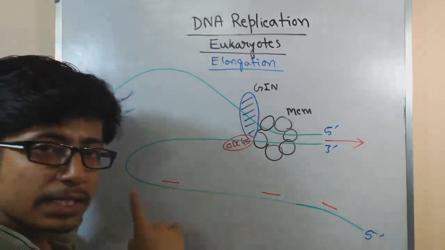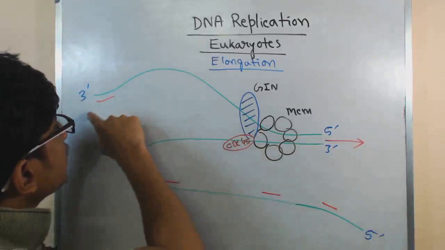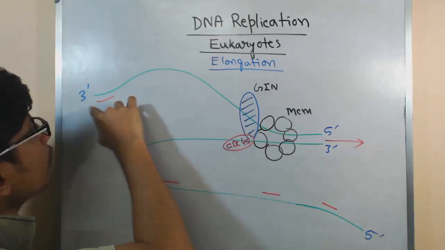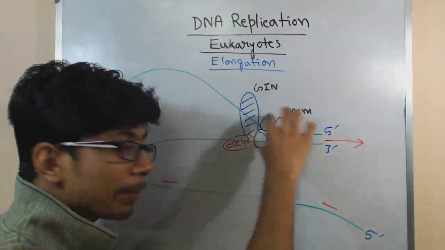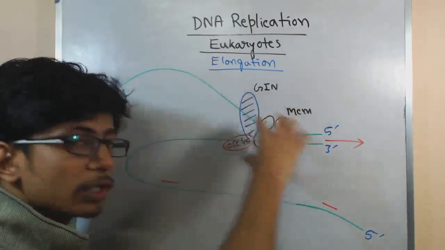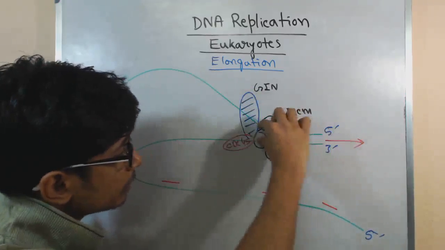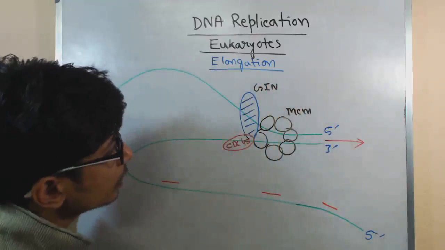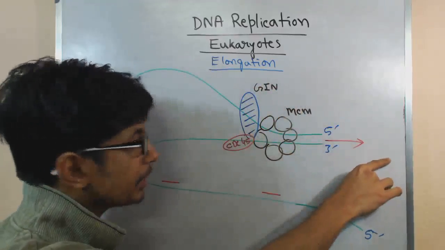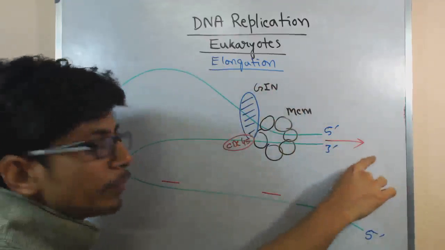If this is the scenario, we can easily synthesize a new strand from 5' to 3' in this direction, while the replication fork, the structure called the replication fork, because a double stranded DNA now separates fork-like, is moving in this direction and the polymerase will move in this direction.